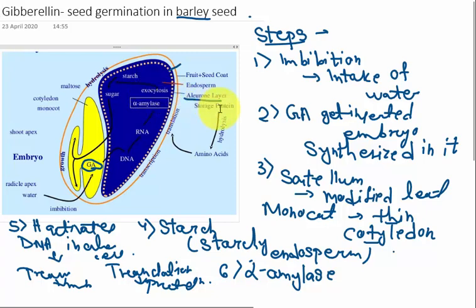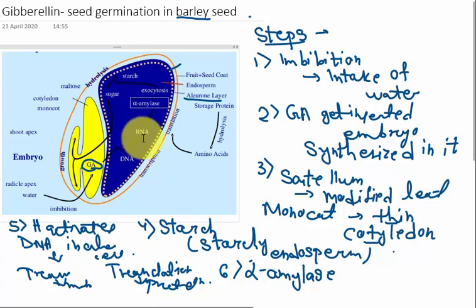So, first the water intake, the imbibition, takes place, then the gibberellin gets into the embryo, then it reaches the endosperm by the scutellum, then it diffuses to the aleurone layer, and in the aleurone layer it activates the DNA.